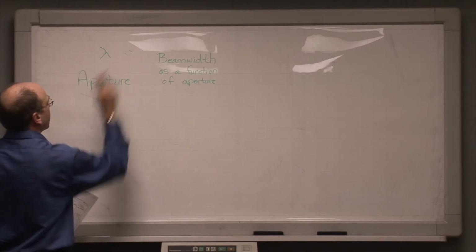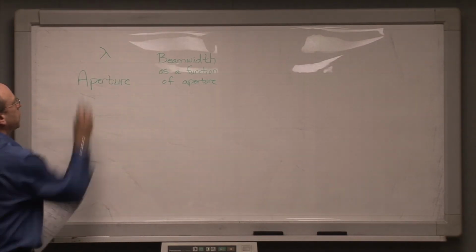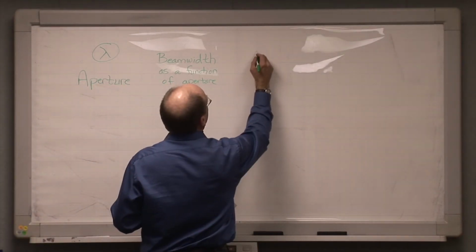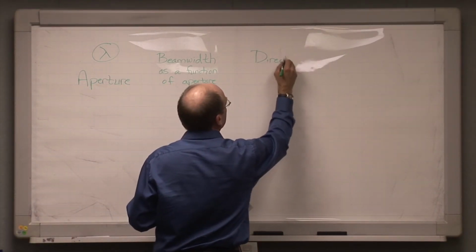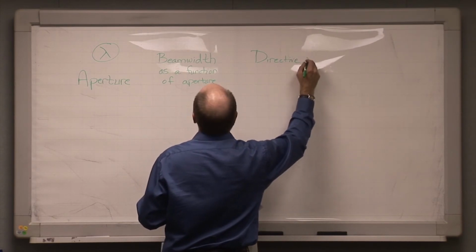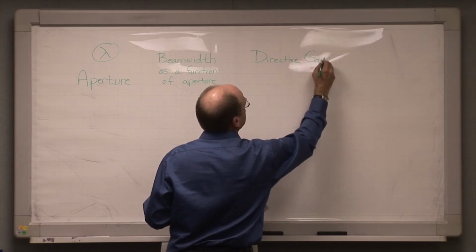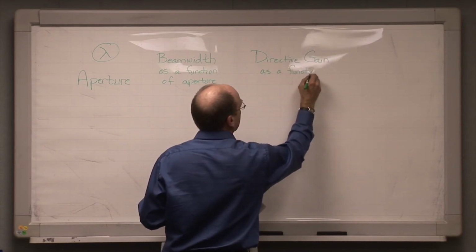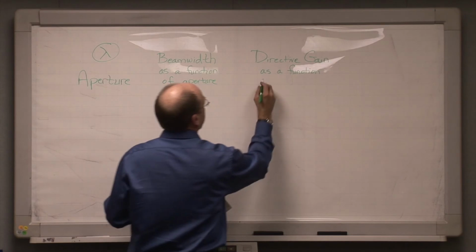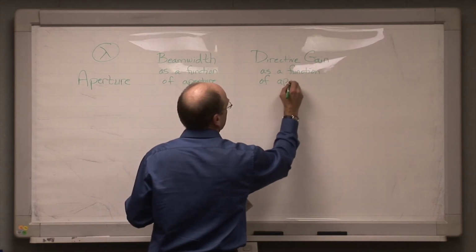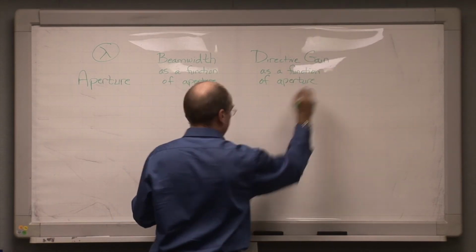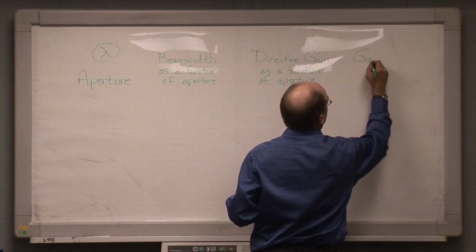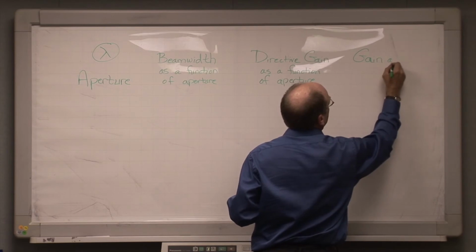The wavelength lambda, whatever wavelength we pick, is going to be our unit of measure for these calculations. And then we have directive gain as a function of the aperture. And then lastly, we have the gain itself as a function of the beam width.